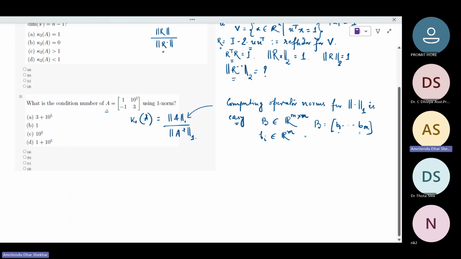Now you need to compute the sup of the one norm of Bx, over x with one norm equal to 1.